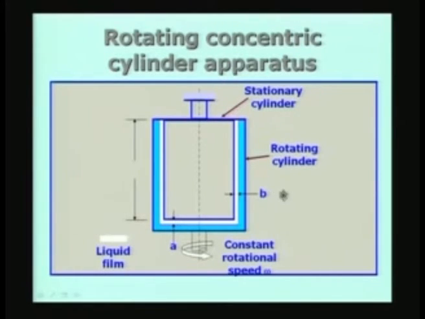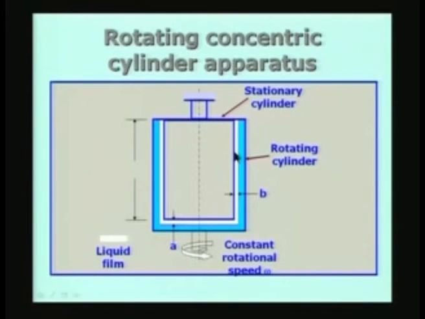Let us see what is going to happen. Suppose as I rotate the outer cylinder, the film of liquid which is in between the two cylinders is going to undergo a shear, because the velocity of the outer cylinder is radius times omega, and the inner cylinder is held fixed. Therefore, there is 0 velocity at the edge of the inner cylinder, and there is the maximum velocity at this place. If the gap is narrow, we can show that the velocity profile is linear.